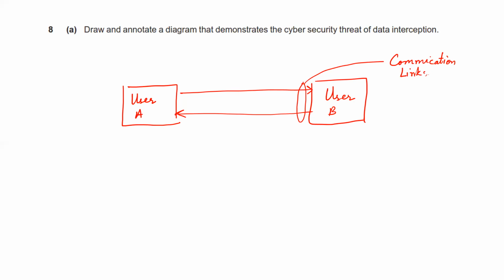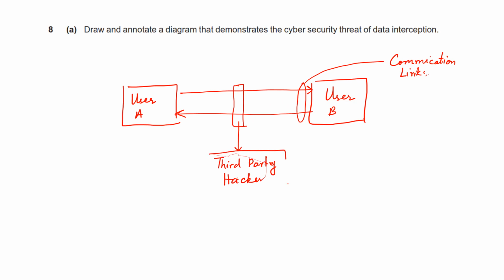These are your communication links. Then if a cyber security threat is there, some person will be hacking over here. A third party spoofer, you can say, will come. Third party hacker.